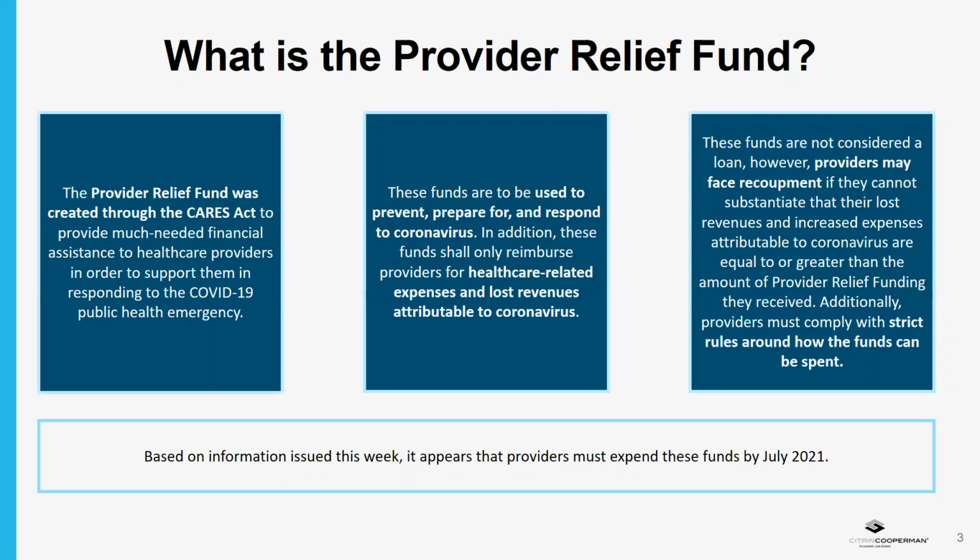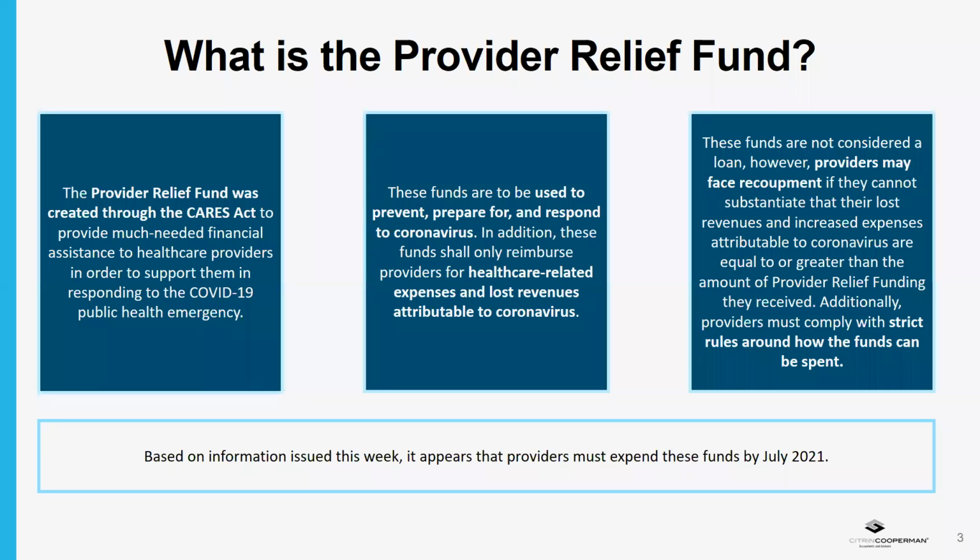Additionally, they can only be used to reimburse providers for healthcare-related expenses and lost revenues that are attributable to coronavirus. Finally, the funds are not considered a loan, they're a grant. However, providers may face recoupment if they can't substantiate that their lost revenues and increased expenses attributable to coronavirus were equal to or greater than the amount of the provider relief funding received. Additionally, providers may face recoupment if they cannot substantiate that they were in compliance with the terms and conditions.